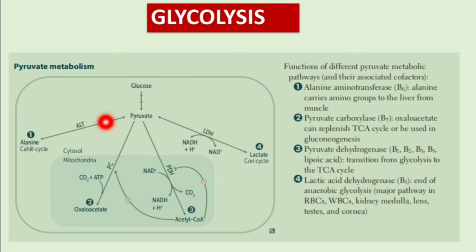It carries amino groups to the liver from the muscles. The second one, pyruvate carboxylase. This enzyme is a carboxylase, which means it needs biotin or vitamin B7. Oxaloacetate can replenish the tricarboxylic acid cycle or be used in gluconeogenesis, as I said.